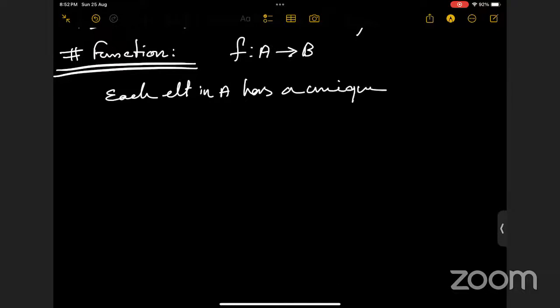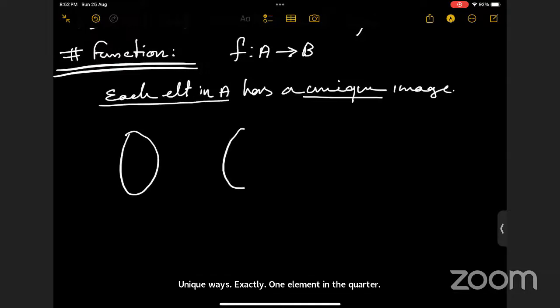Means each domain element is exactly mapped to only one codomain element. Unique means exactly one element in the codomain. And each element in A is also an important thing, right?